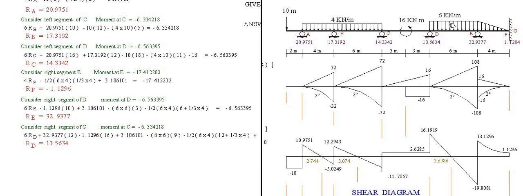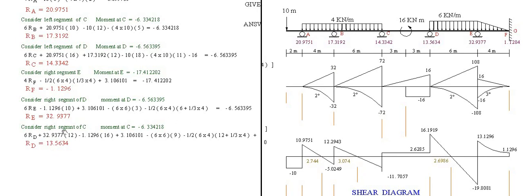Then minus this uniform load, 6 by 6 times 3, minus this triangle, 1/2 of 6 by 4 times distance from D, 6 plus 1/3 of 4. Then equate that to minus 6.563395. Again, we have one equation.